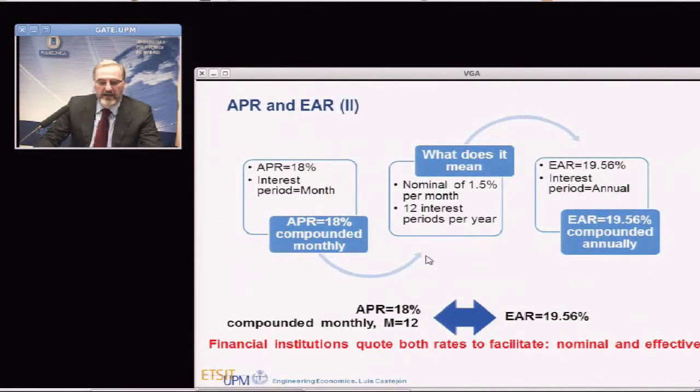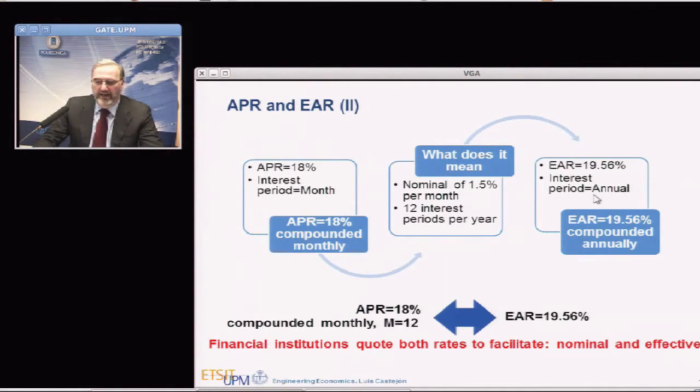So you see in this diagram what happened. When you pay every month, the interest period is every month. The annual percentage rate is 18%, compounded monthly, which means that you will be charged a nominal 1.5% every month, and you have 12 interest periods per year.